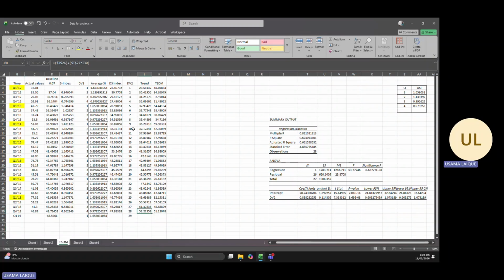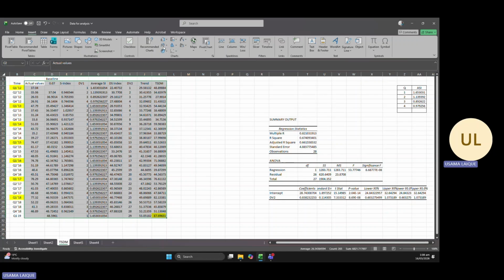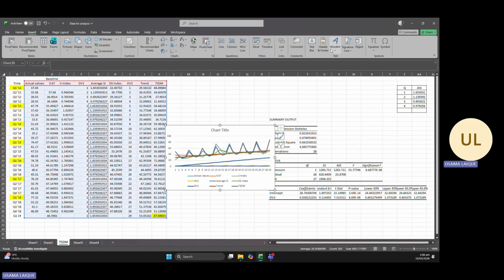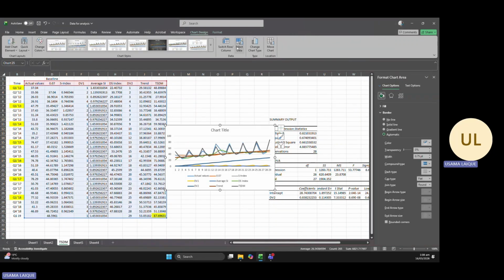So if you extend the trend value right here, and then the forecast value right there, the forecast value for quarter one 2019 is about 87.6963.